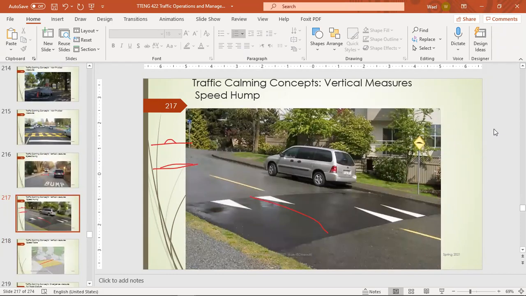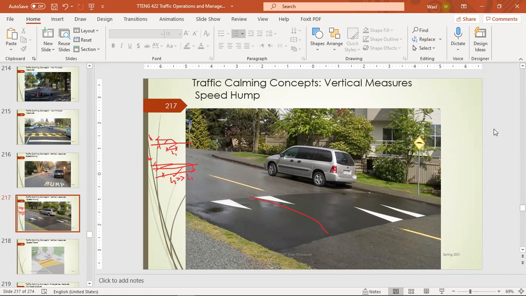These are speed humps. Speed bumps and speed humps differ in the severity and in the length. So that's an example for a speed bump, and that's an example for a speed hump. The height might be the same, h and h, but the length here we have L1, here we have L2, greater than L1 significantly.